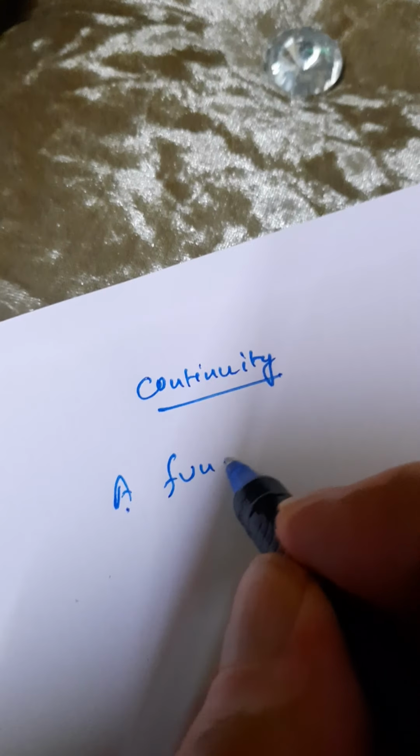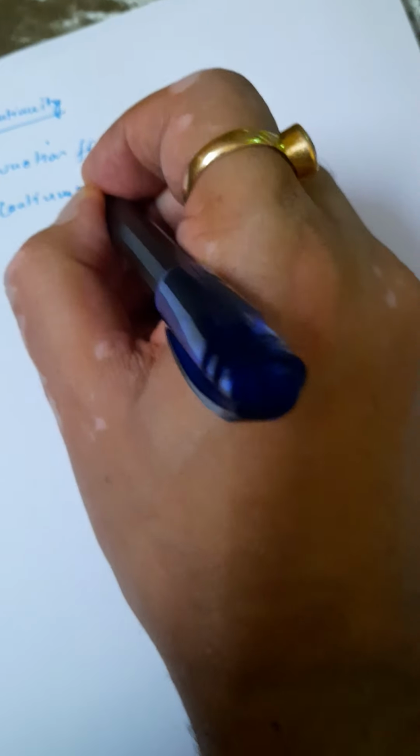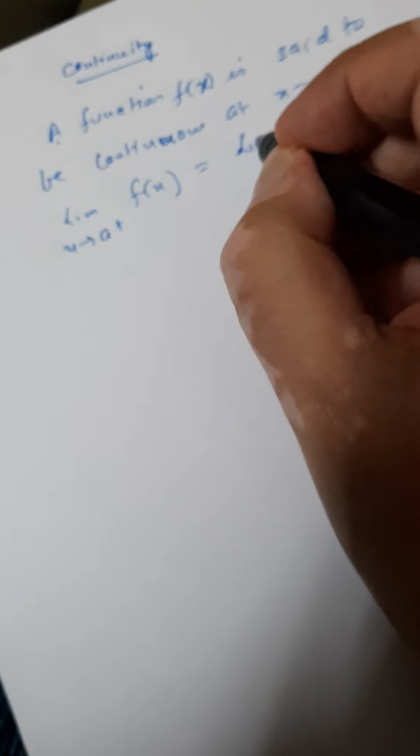So, a function f(x) is said to be continuous at x equals a if the limit as x tends to a plus of f(x) equals the limit as x tends to a minus of f(x) equals f(a).